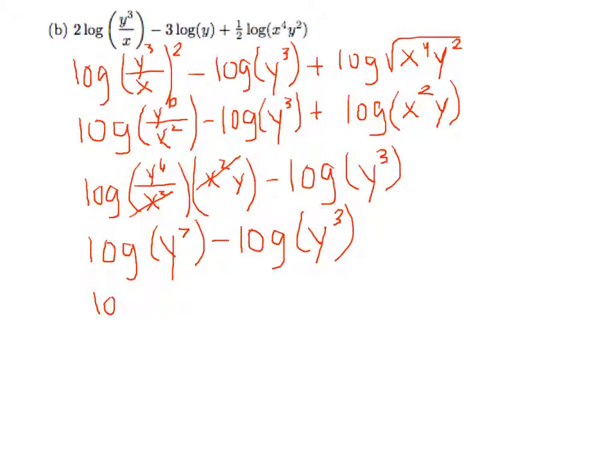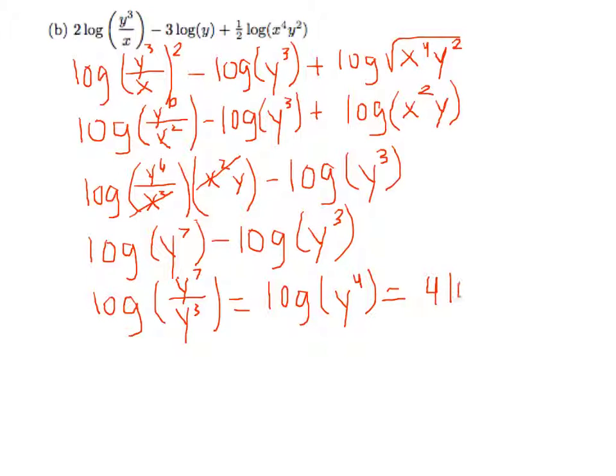So if we have these two subtracted, we can combine them together by dividing them. We have log of y to the 7th divided by y cubed, and that equals log of y to the 4th, or 4 log of y.